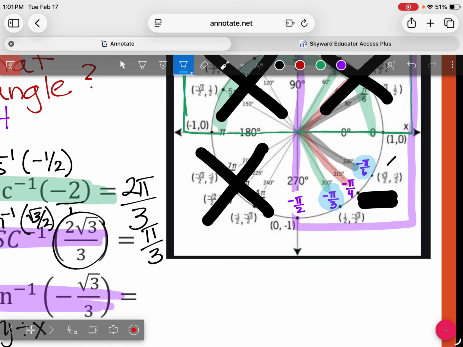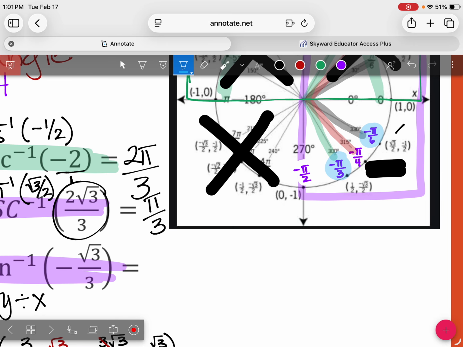So if I do negative pi over 3, remember, tangent is y divided by x. So this is x and this is y. All right, so if I figure out the tangent of negative pi over 3, that means I'm going to take my y value and divide it by x, right? And how do we divide fractions? Keep, change, flip.